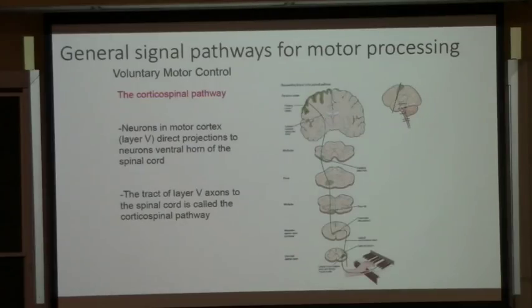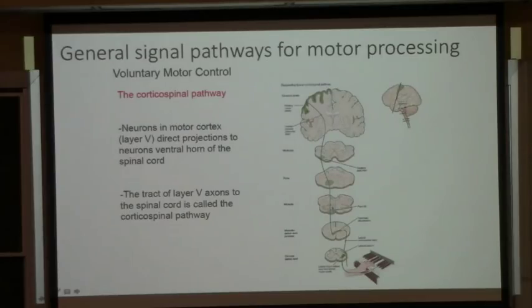It's similar for the motor processing. The motor processing is from your brain to the spinal cord and to the effectors, for example your hand and your feet. So first the motor initiation will be at the primary motor cortex, and then it will go to the brainstem.